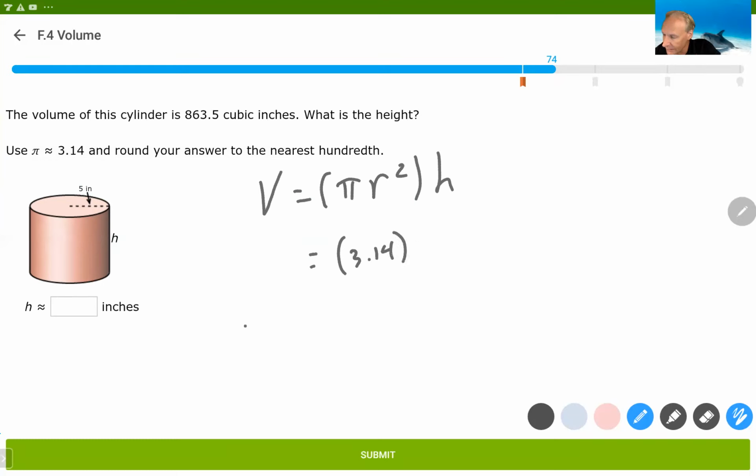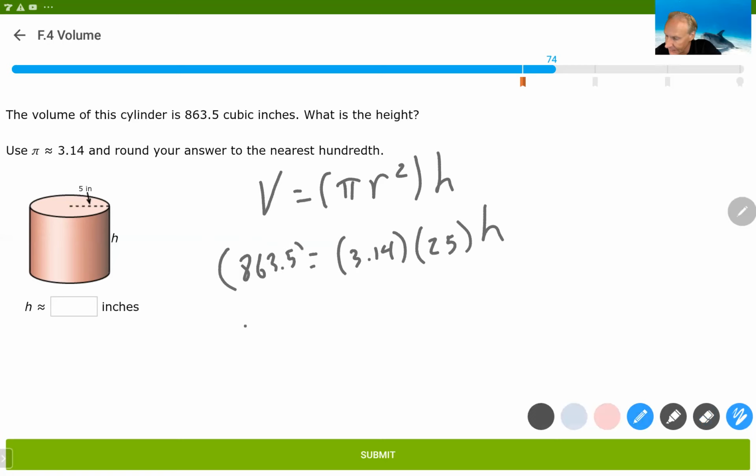They gave me the radius, which is 5, so this is 25, that's 5 squared, times the height, and it's equal to the volume. Now I forgot to substitute. I'm going to go ahead and substitute that in parentheses like I'm supposed to.